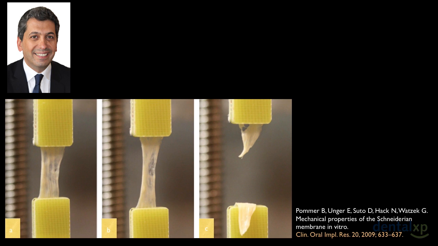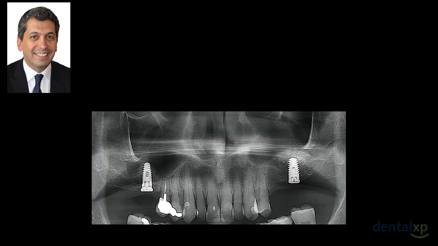Because if this membrane is elastic, it will bear the pressure of the biomaterial without perforating. And if it is detachable, under the pressure of the biomaterial, it will detach by itself, allowing for an elevation of this membrane.